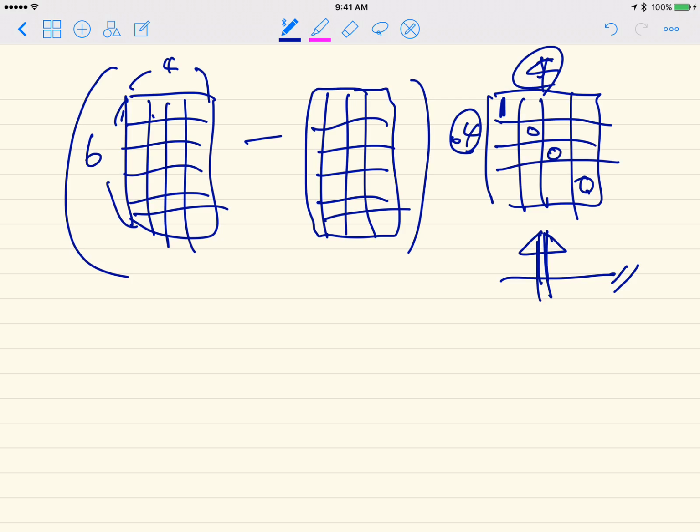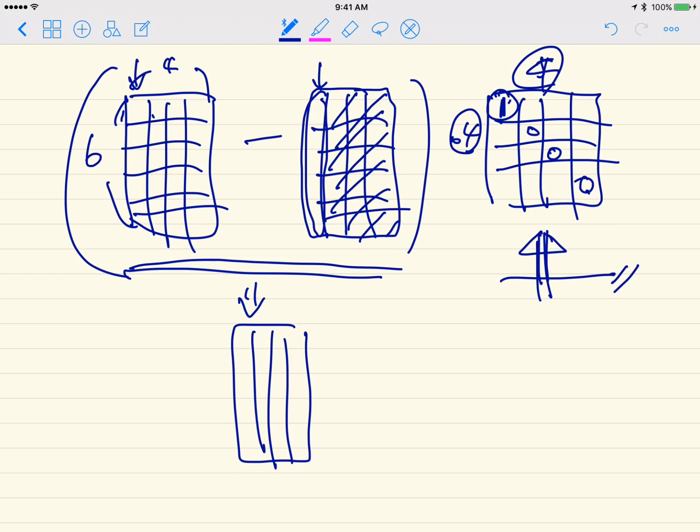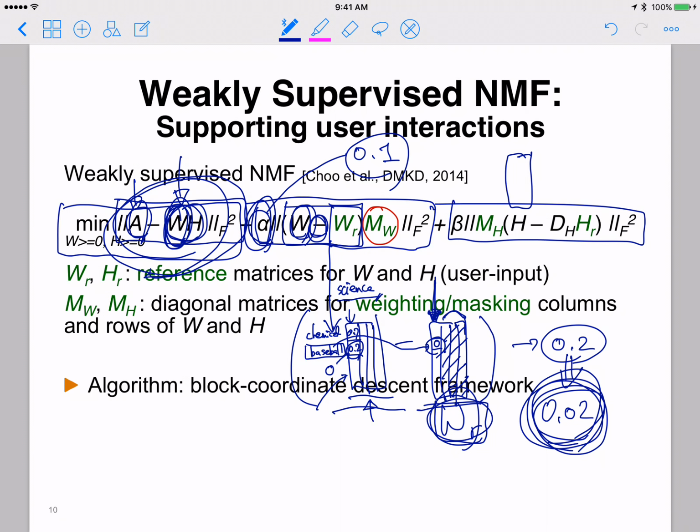In this case, this 1 will be applied to the first column. So overall this will generate some difference matrix. We just set some garbage values in this part, and then the meaningful input that we actually gave to the algorithm is that the relevance of the baseball term to science should be 0.